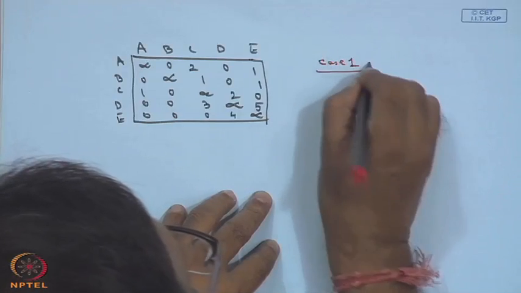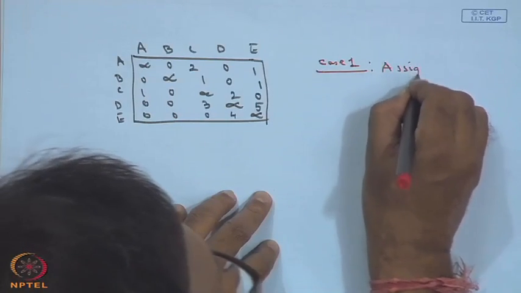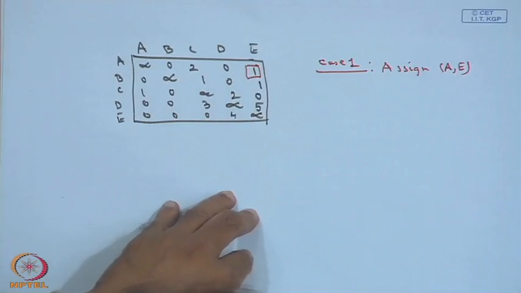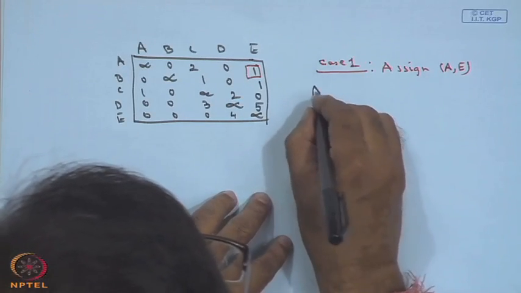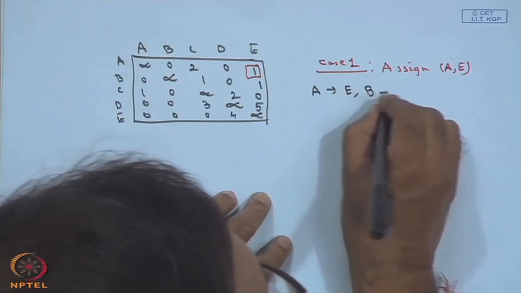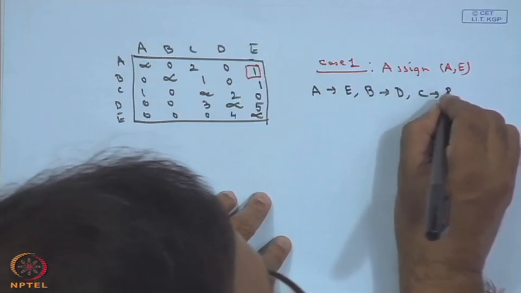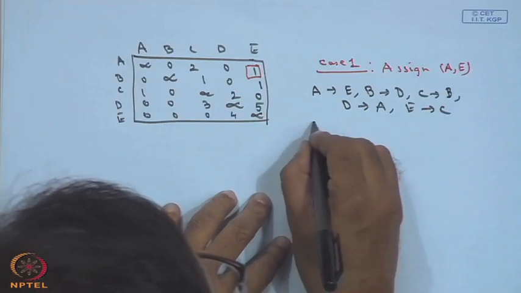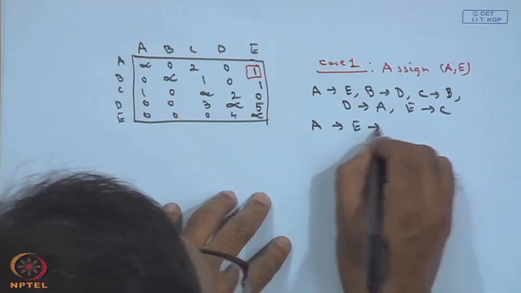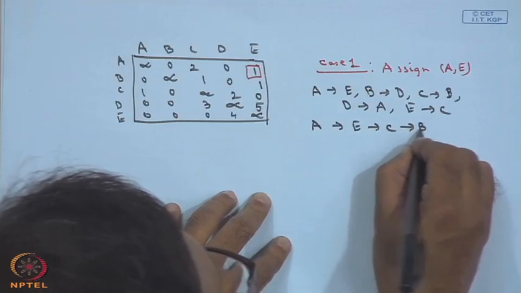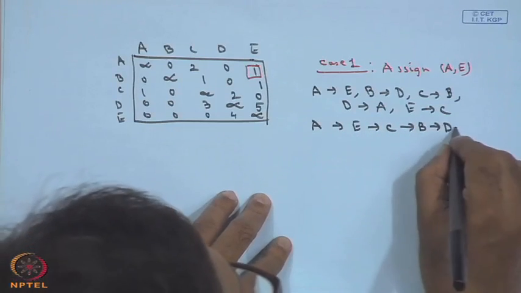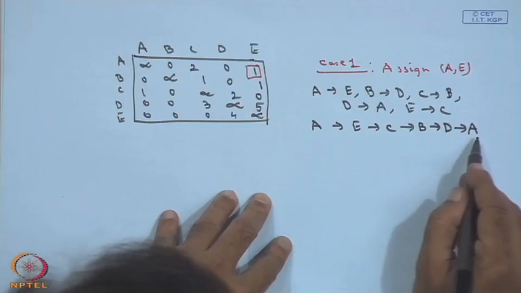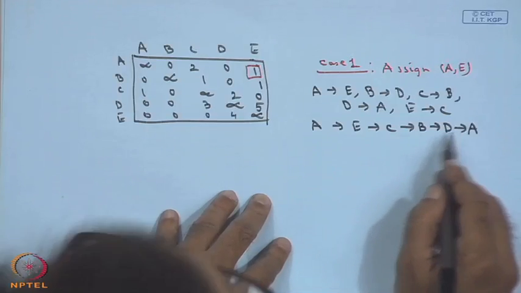In case 1, what are you doing? Assign A E. If you assign this one, in that case your solution will be A to E, then B to D, then C to B, D to A and E to C. So, from here if you see, A to E, E to C, C to B, B to D, D to A, again coming back to A. Therefore, I have visited all the cities and it is cyclic, I am coming back to A only.